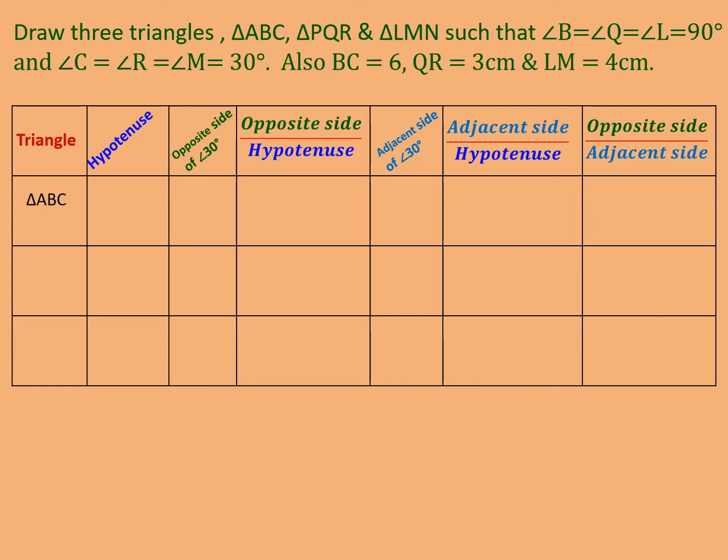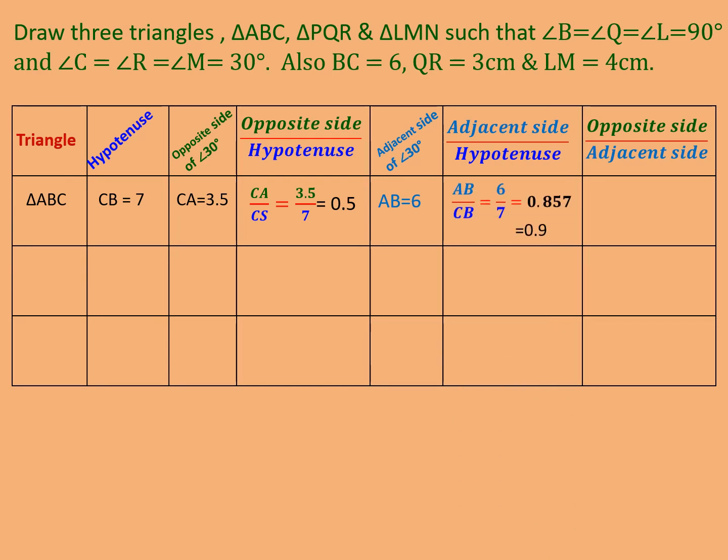So the first triangle, as you know, is triangle ABC, in which hypotenuse CB is 7 centimeters, and opposite side CA is 3.5. So we are finding the ratio CA upon CB equals 3.5 upon 7 equals 0.5. Then adjacent side is AB, 6 centimeters.